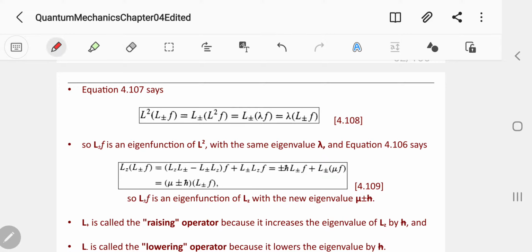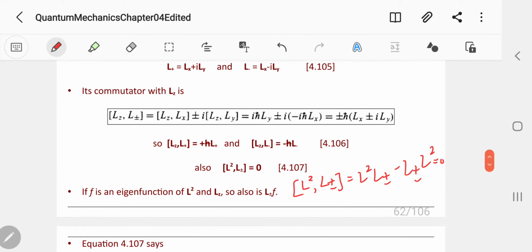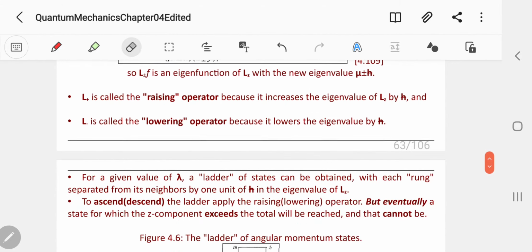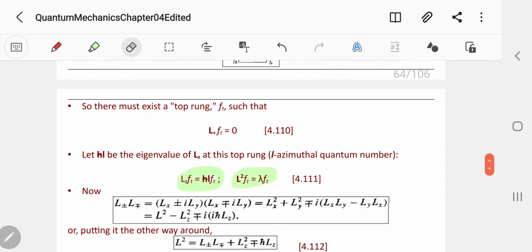This one here, and of course these also. So you can use all these things to calculate the eigenvalue.